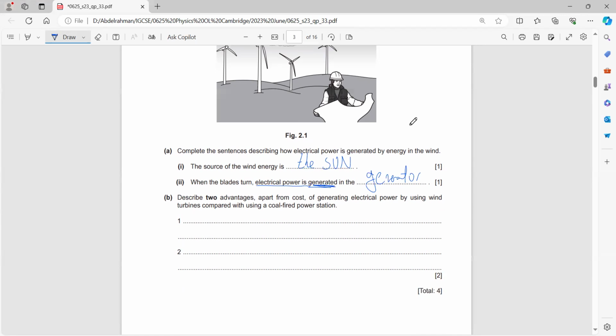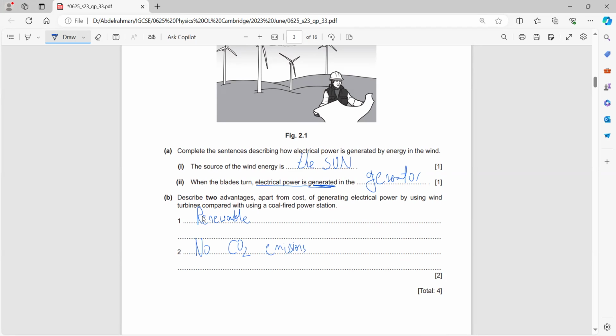Right. Describe two advantages, apart from cost, of generating electrical power using wind turbines. Renewable. What else? It doesn't pollute. But pollution or no pollution is a very vague word, so we want to say it doesn't contribute to carbon dioxide emissions, no CO2 emissions.